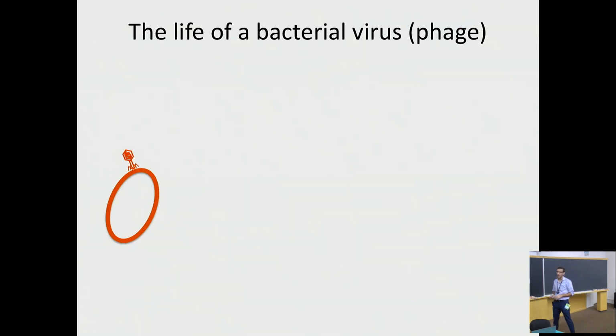Okay. So what is the life of a bacterial virus or a phage? Again, I'm going to use the word bacteriophage or phage, from phagos, meaning to devour, but usually I'll just say phage.